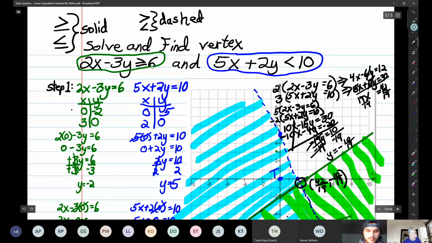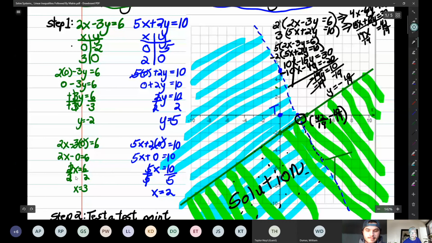First step, change the inequality signs to equal signs so you can graph the lines. It's typically easier to work with one line first, complete with the shading on your scratch paper, and then go back and work with the other line.